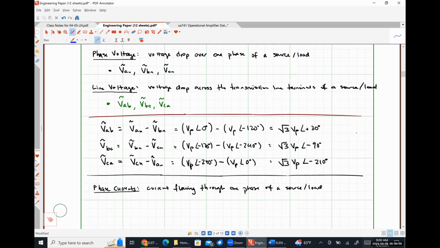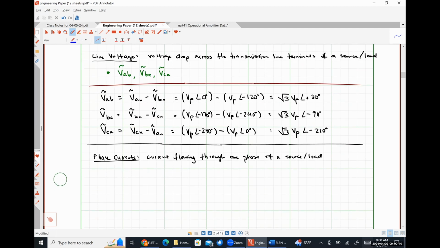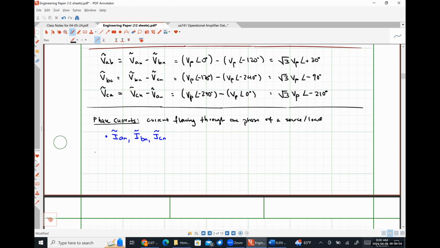So those are our phase currents: IAN, IBN, and ICN. And the last terminology that I want to introduce here is what are called line currents. Okay.